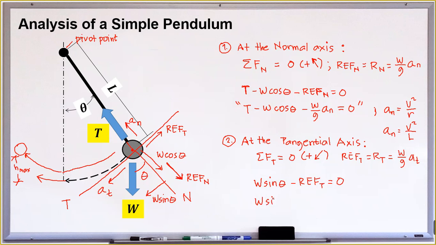So weight times the sine of theta minus W over G, tapos we have the tangential acceleration that is equal to 0.